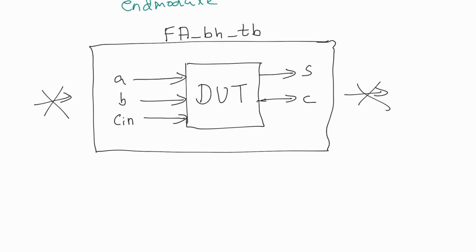Within the module, we generate these three values and supply them into the DUT, and the DUT will give out sum and carry values, and we can either check them, print them out, or display them on a waveform.